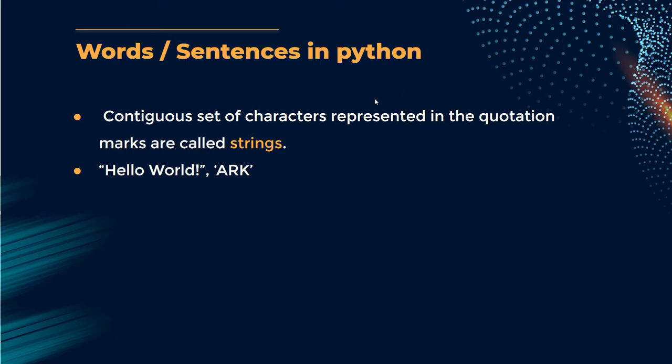So these both are valid strings: Hello world in double quotation and ARK in single quotation. And if you want to use characters in Python, we can just use a single alphabet string, that is a character in Python. So this is all about the two basic data types. Let's see what are the basic functions we can perform using numbers and sentences and words in Python.